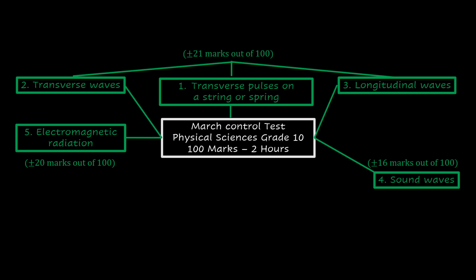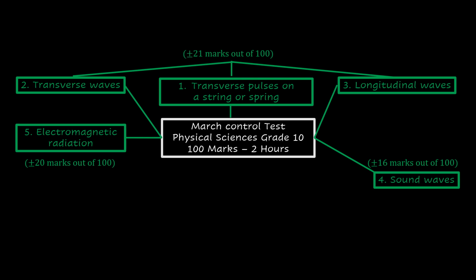Now you see all of these topics, number 1 up to 5, all of them in green. If we add 21 plus 20 plus how much is for sound? Sound is 16, so we have 21 plus 20 plus 16. That is around 57.